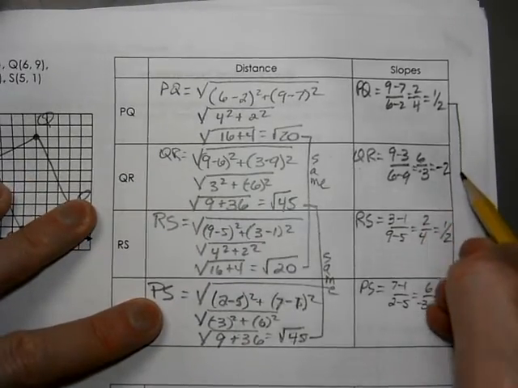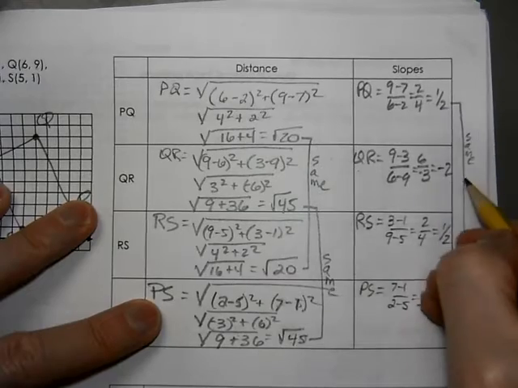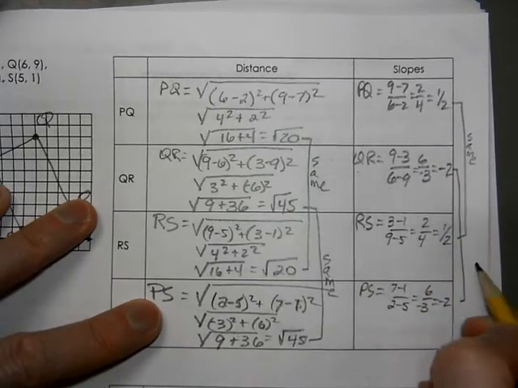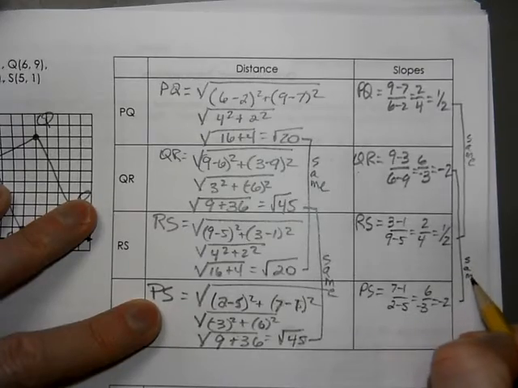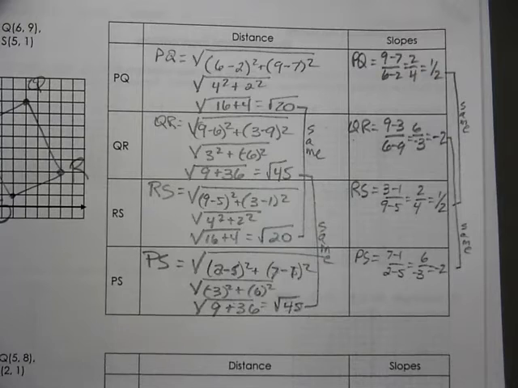So we have these two slopes that are the same, and we have these two slopes that are the same. Notice that one is positive and one is negative. So they're opposites. One is 2, which is like 2 over 1, and one is 1 over 2. So they are perpendicular because they're opposite reciprocals.